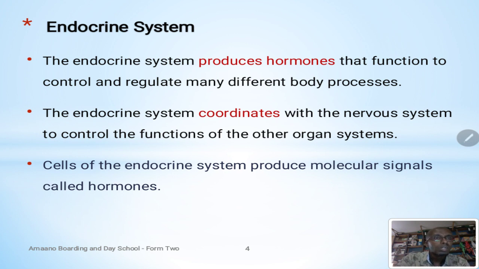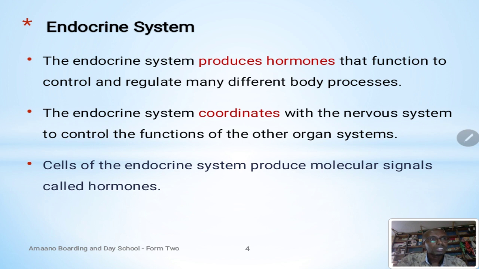So the endocrine system coordinates, as we mentioned earlier. It is like a communication way whereby the body organs react to certain stimuli. It works with the nervous system to control the functions of other organ systems, for example the excretory system.